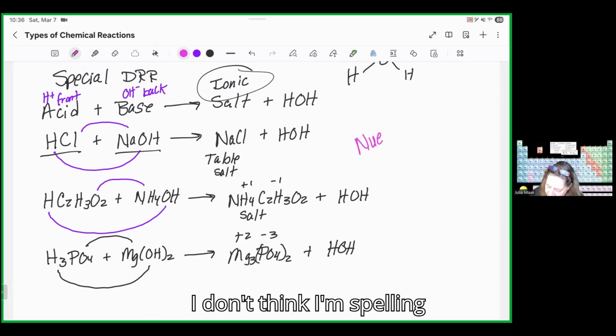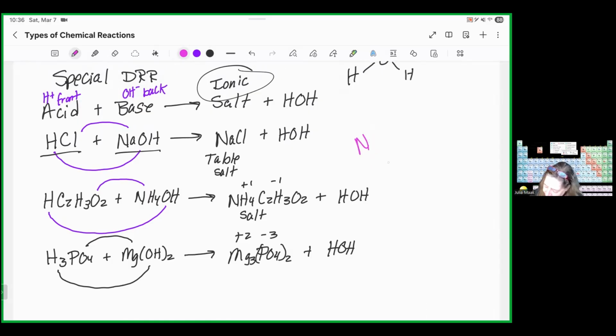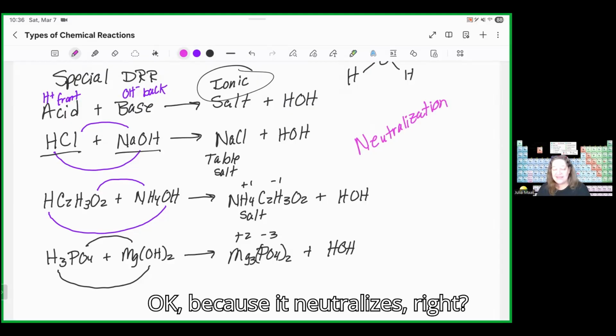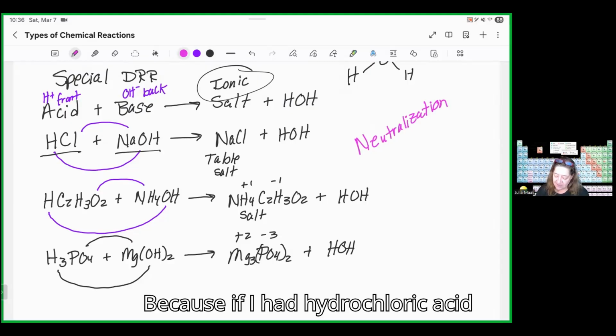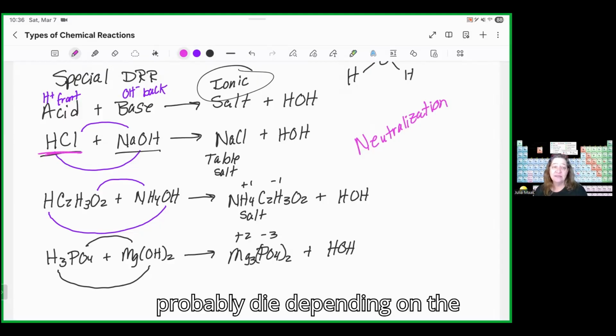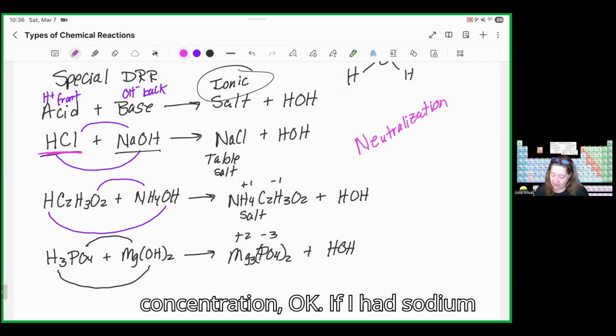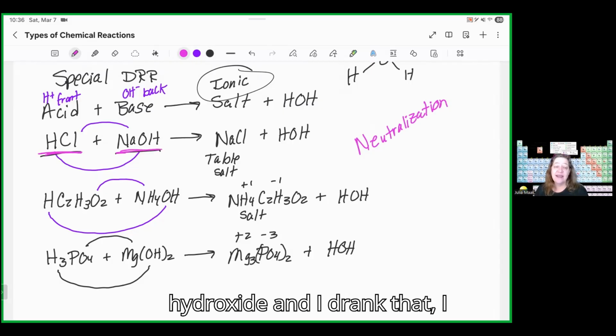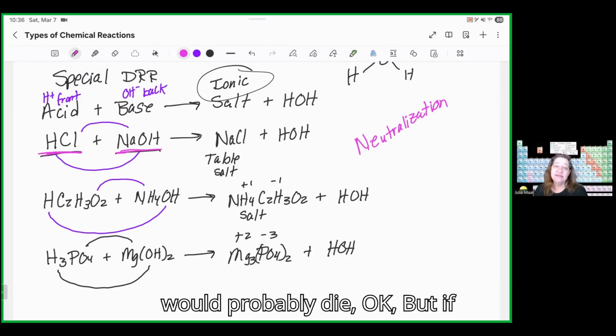I don't think I'm spelling that right. It's called that because it neutralizes, right? If I had hydrochloric acid and I drank that, I would probably die, depending on the concentration. If I had sodium hydroxide and I drank that, I would probably die.